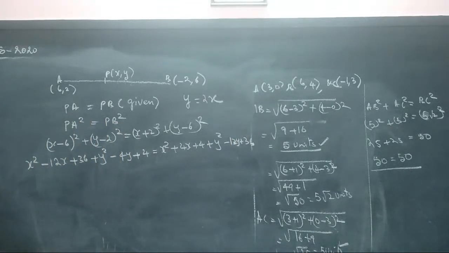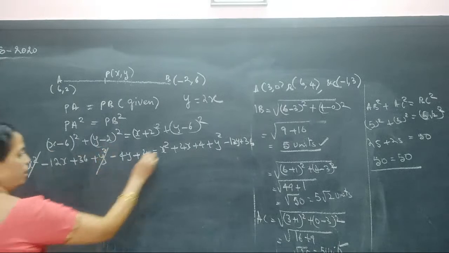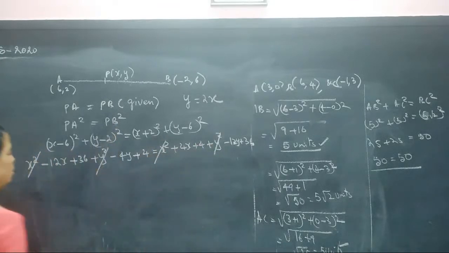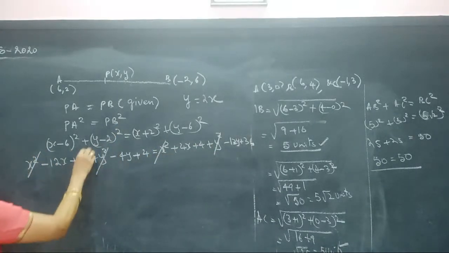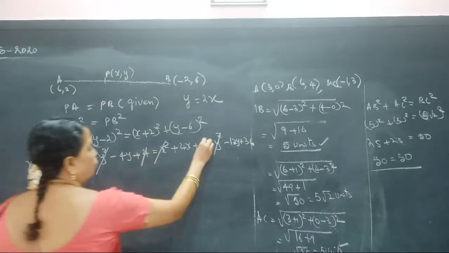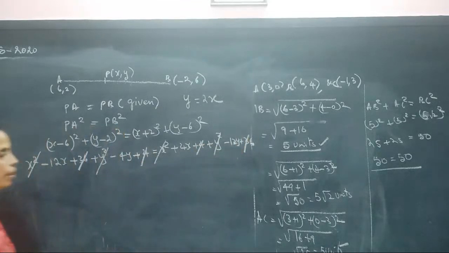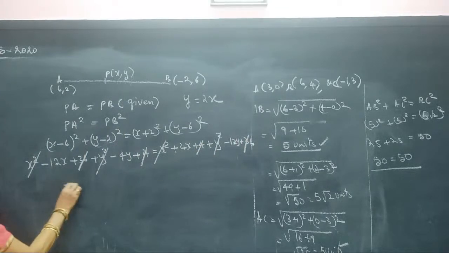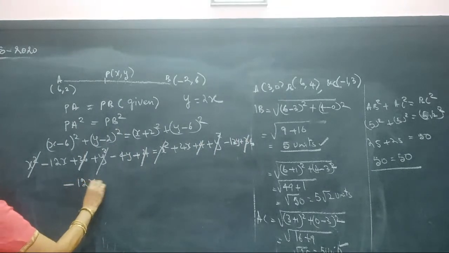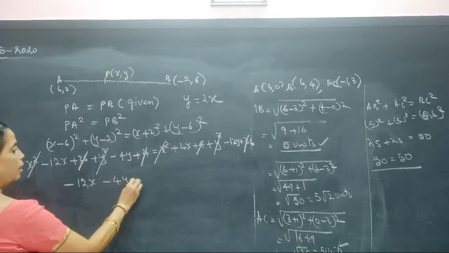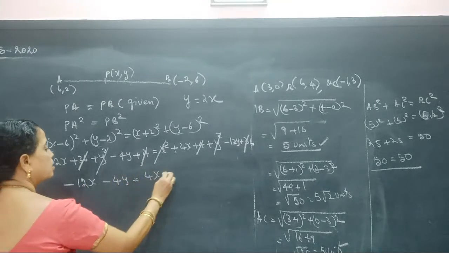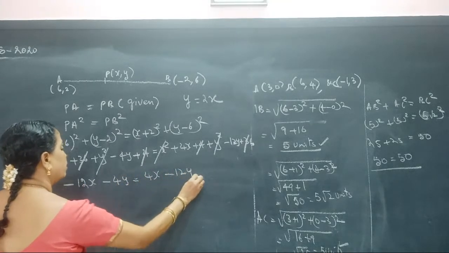Okay. Now cancel y square, x square. What is left? 36 plus 4. 4 plus 36 also get cancelled. You have minus 12x minus 4y equals 4x minus 12y.